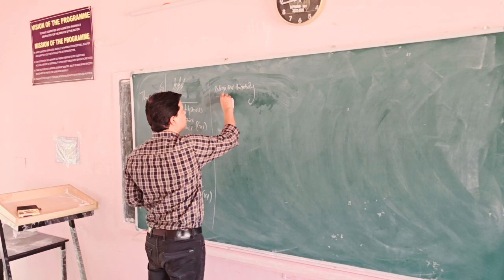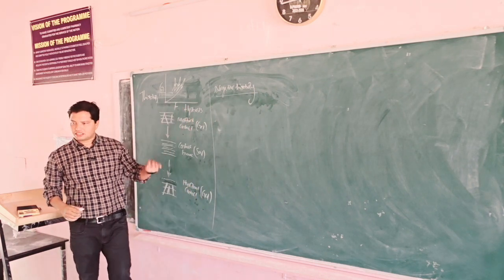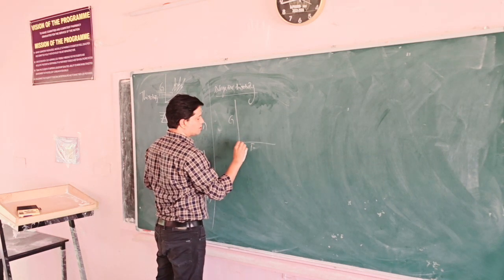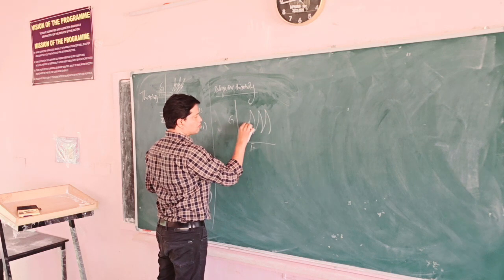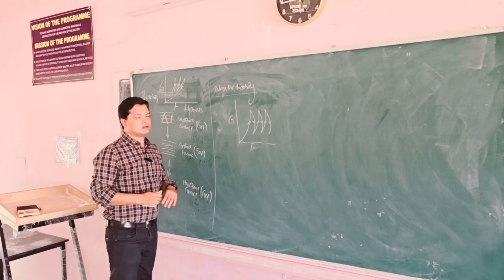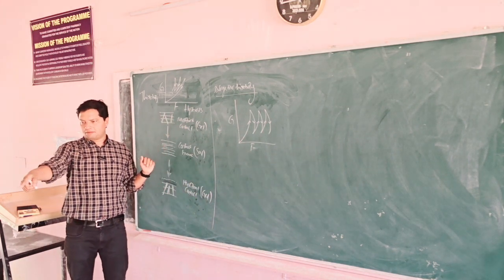Next is negative thixotropy. Obviously, how will the graph be? Towards the right. What is the example, madam?